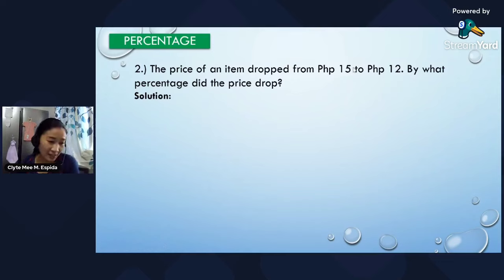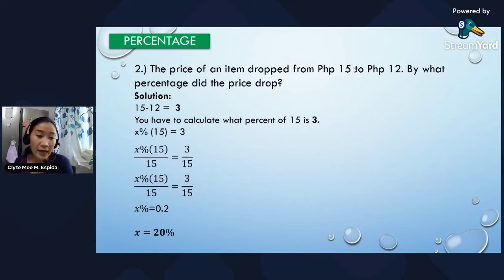Okay, very good. So you will have this solution. Una, gagawin muna natin, i-subtract 15 by 12 para malaman kung magkano yung binaba. So that is 3. Now, you have to calculate anong percentage ni 15 si 3. So you have x percent times 15 equal to 3, then divide both sides by 15. Now we could cancel out, and then you will have 3 divided by 15.